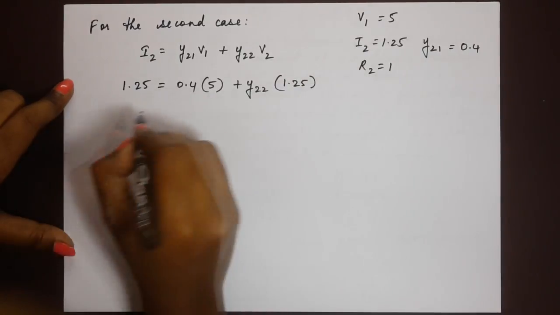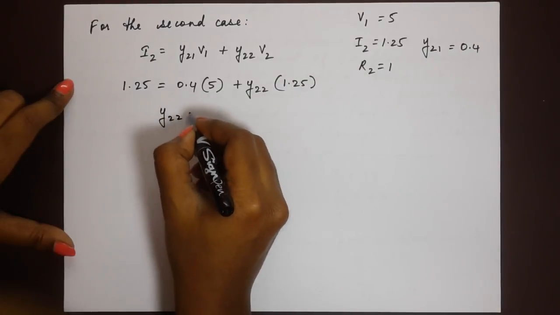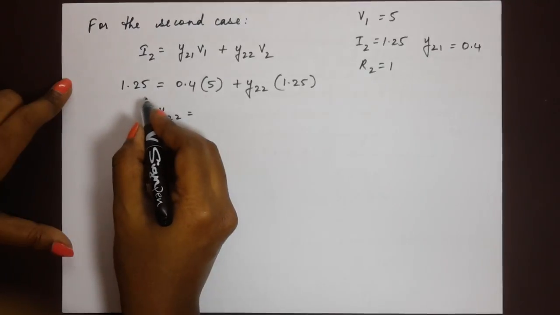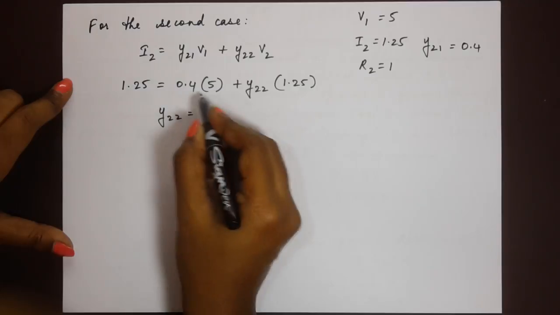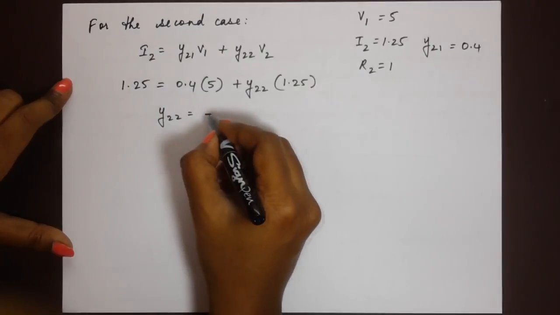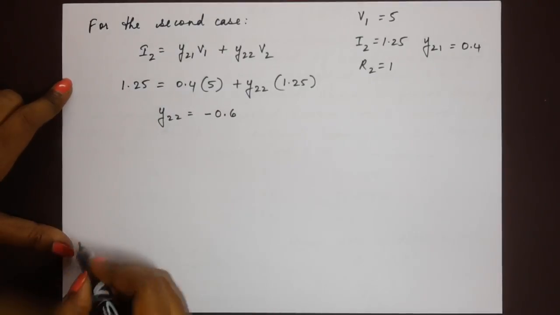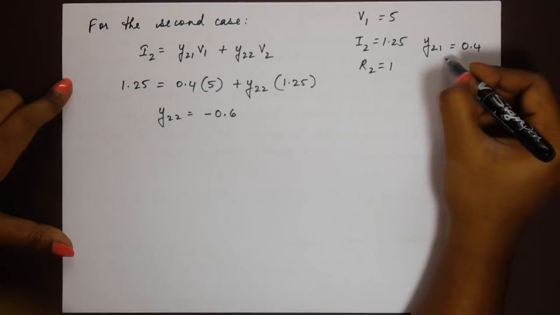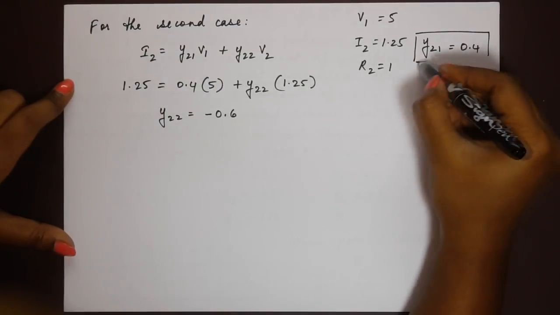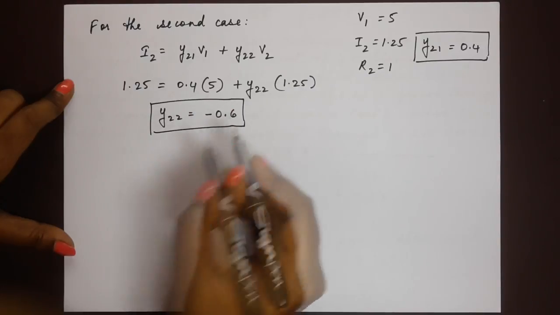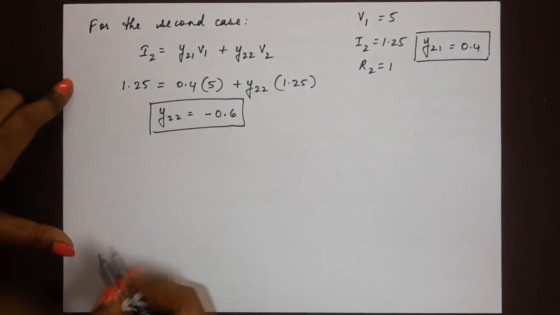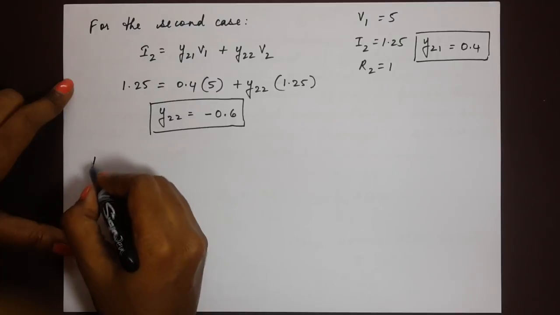Now solving for Y22, this is 1.25 minus 2 divided by 1.25, that gives us minus 0.6. Okay, so now we have the value of Y21 and we also have the value of Y22. Next, let's find out for the third case, for the final case.